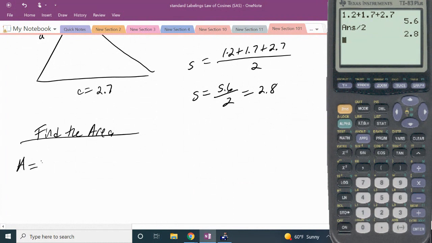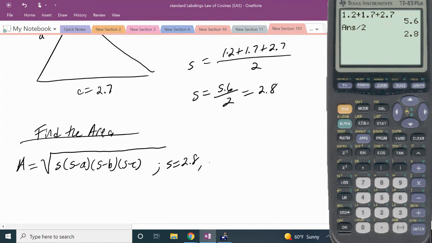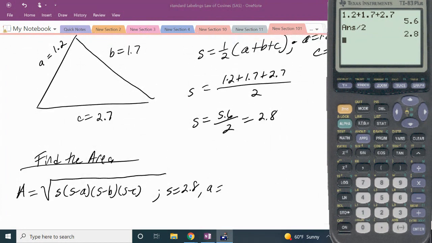So that formula is A is equal to the square root of S times S minus A times S minus B times S minus C. And we're going to substitute S for 2.8. A is 1.2, B is 1.7 and C is 2.7.